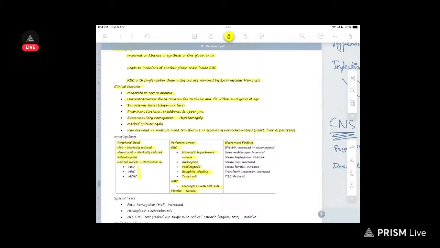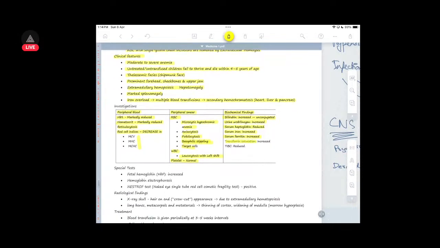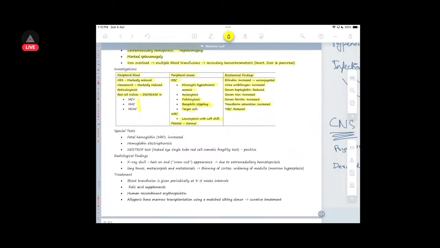And biochemical findings: bilirubin will be increased, and unconjugated bilirubin will be increased. Urobilirubin will be increased, serum haptoglobin will be reduced, serum iron will be increased, and serum ferritin will be increased. Transferrin saturation will be increased, and total iron binding capacity will be reduced.